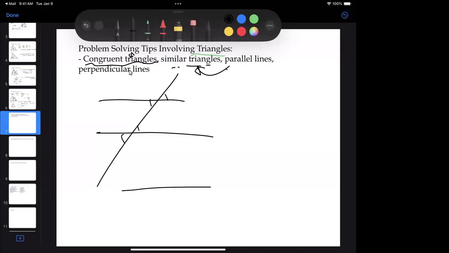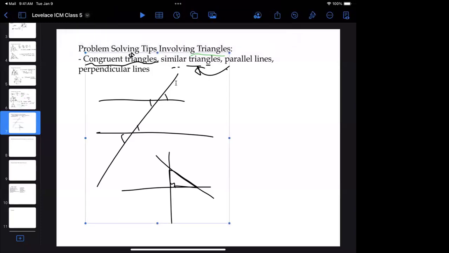And perpendicular lines, you can often find right triangles inside of them, and then you can use stuff with right triangles. These may seem convoluted or pulled out of thin air, but they're actually very helpful signs to look out for. It takes practice, but you should look out for those.